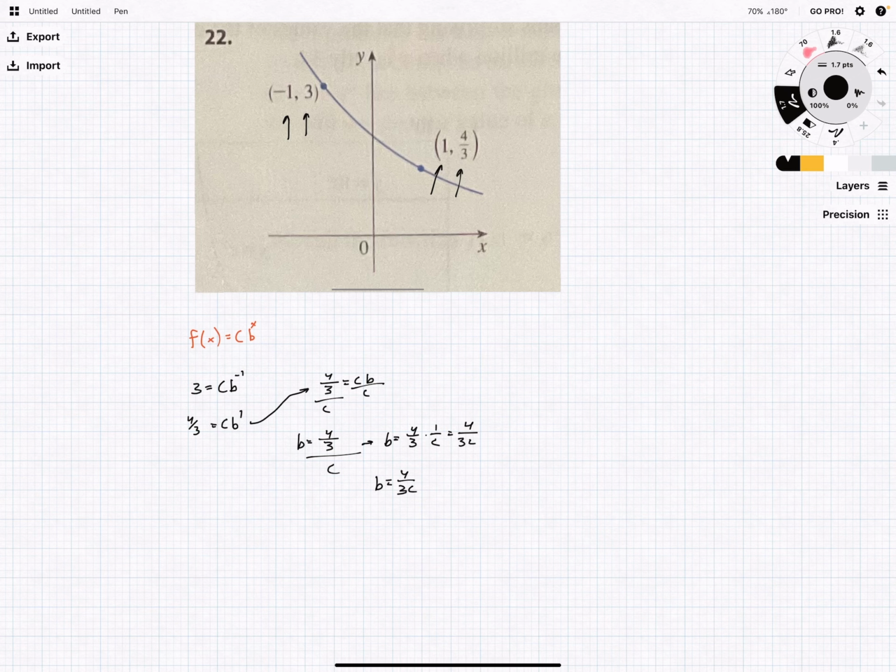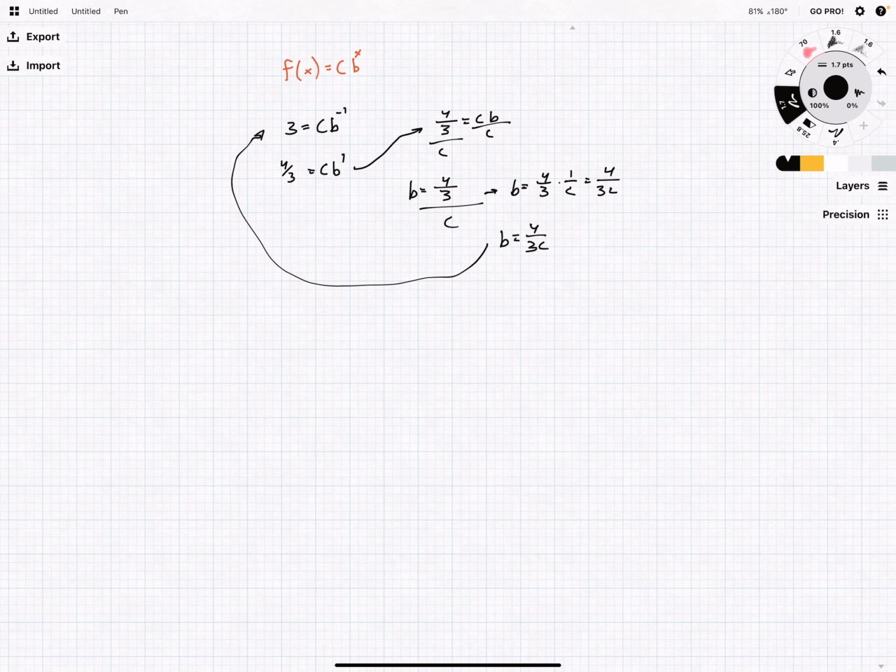Great. Okay, let's substitute that in for our second equation, where we have 3 equals c times b to the -1, well, b is equal to 4 over 3c, to the -1. Whenever we do that, we flip numerator and denominator if we have something to the -1 power.